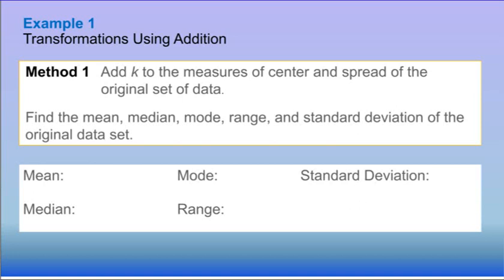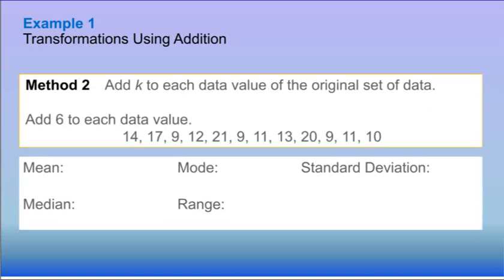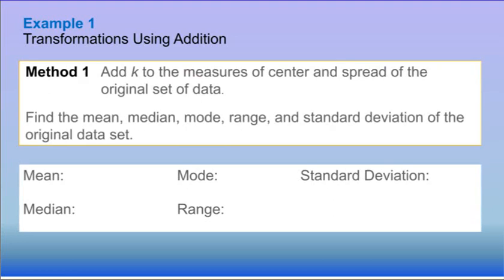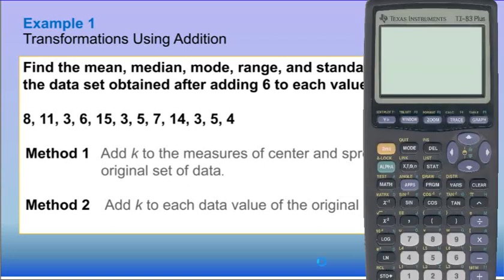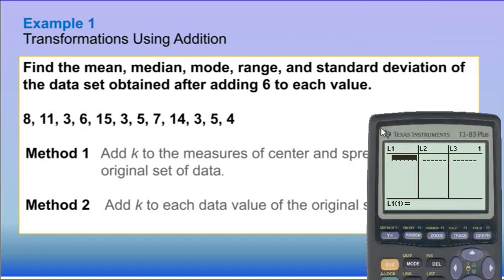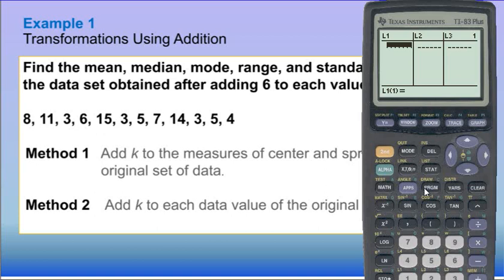So here with method 1, method 2 would be here. So I'm going to just go back to here, so I can see the original numbers, and I can show you how you can put that in your calculator. So you hit Stat, Edit, clear this. And since we're adding 6 to each of them, you can do that as you go.